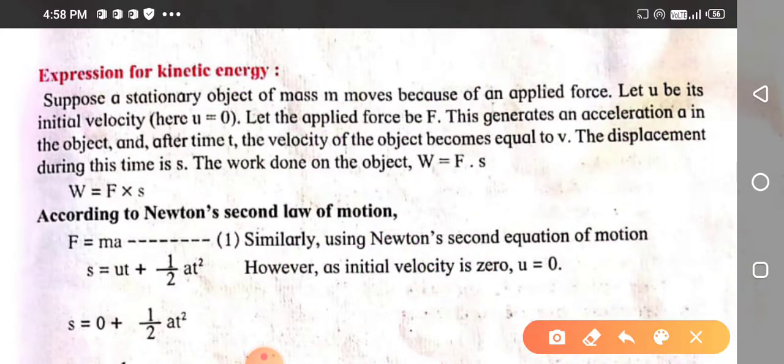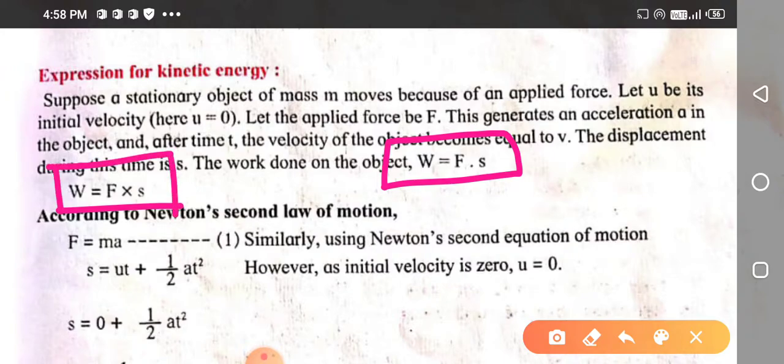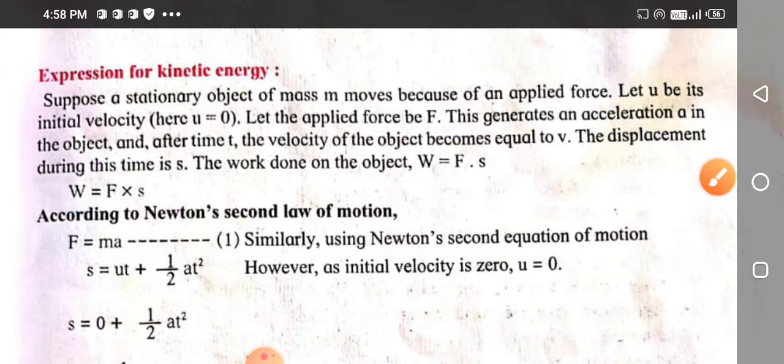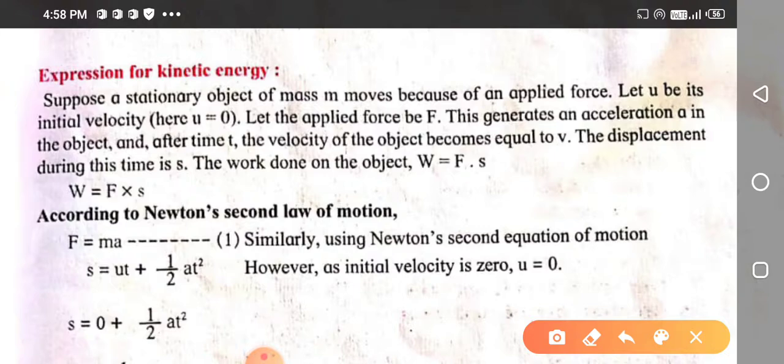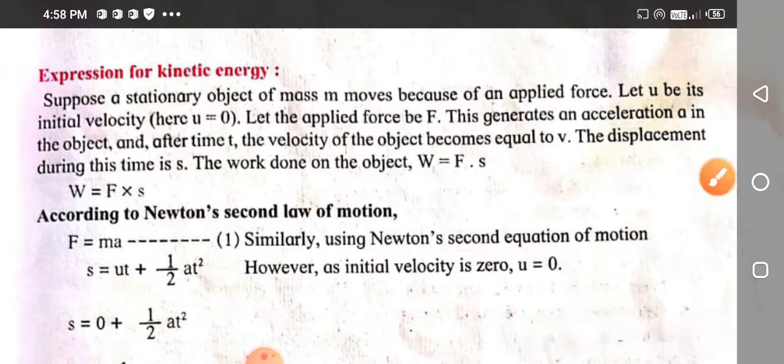So we know that work done is W is equal to F into s. So W is equal to force into displacement of an object. In this formula we have to put the values for F and s. For this we are using Newton's second law of motion as well as Newton's second equation of motion.